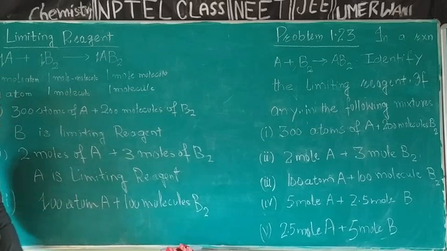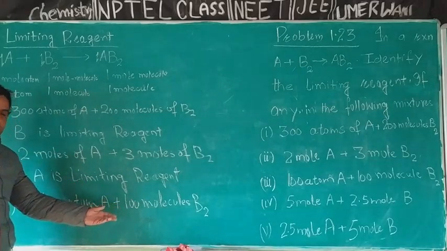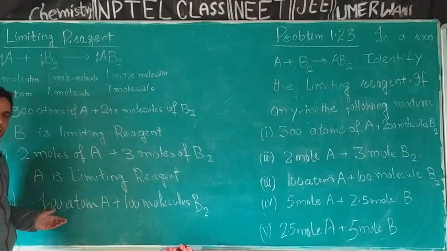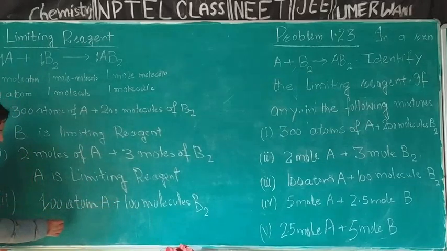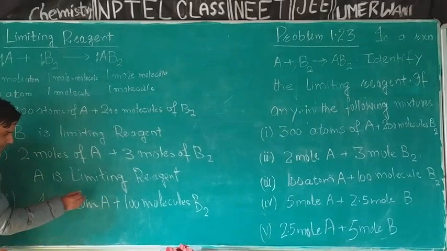The ratio is 1:1. For 100 atoms of A, the desired amount is 100 molecules of B2, and so is the case. Therefore, stoichiometric amounts are present for both A and B2.